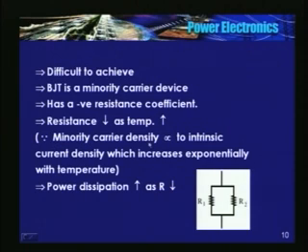The minority carrier density in the transistor is proportional to the intrinsic carrier density, which increases exponentially with temperature. Since a BJT is a minority carrier device, it has a negative resistance coefficient, and because of this, paralleling two transistors is difficult.